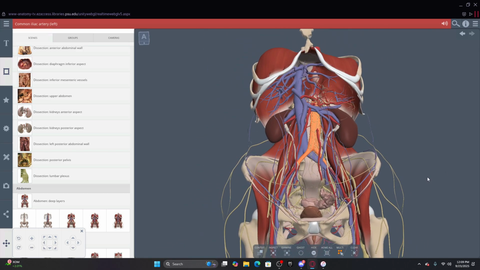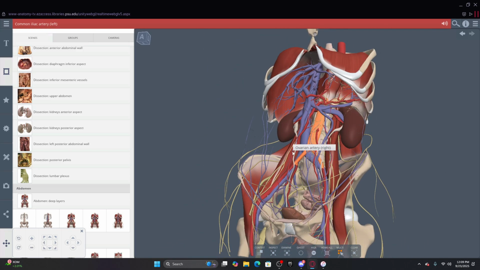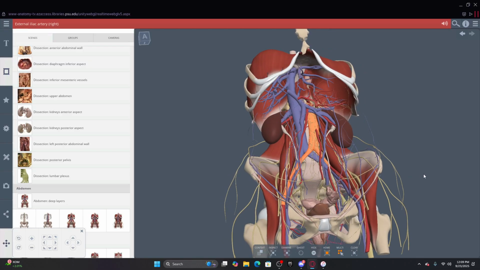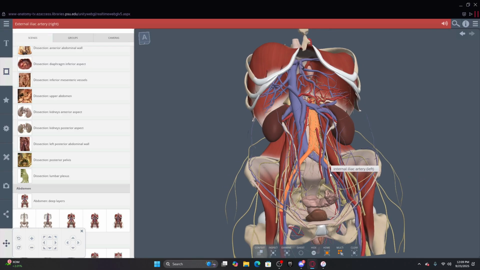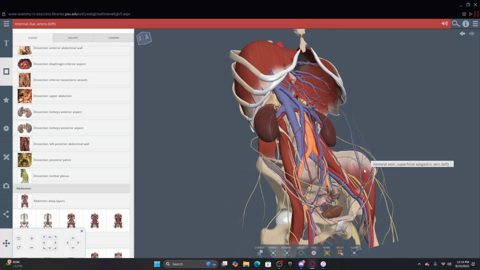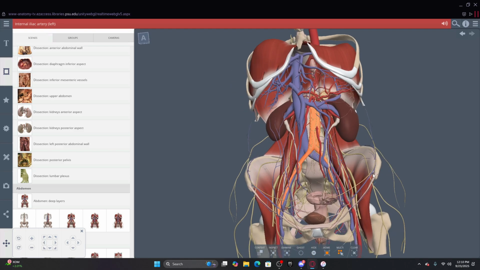So if I do that again, if I move further down the common iliac artery, common meaning there's going to be some type of bifurcation or split as you move down the artery. If I go further down, I'm seeing the internal and the external iliac artery on both sides. These are bilateral structures. It's not quite clicking, but it is what it is.